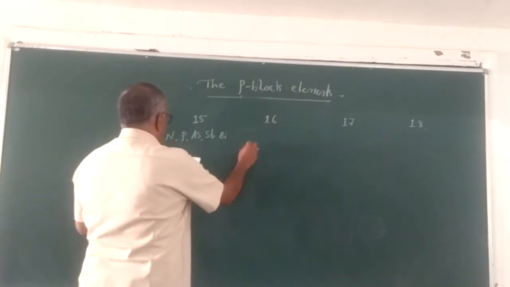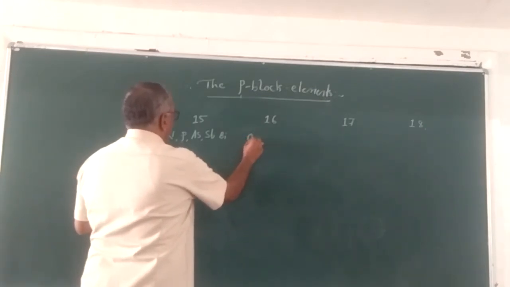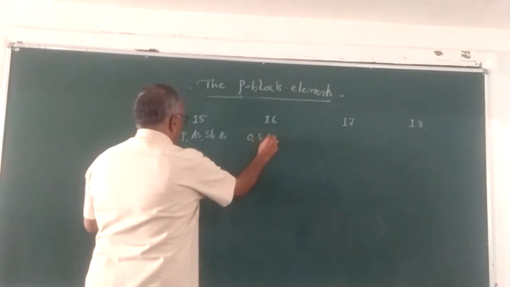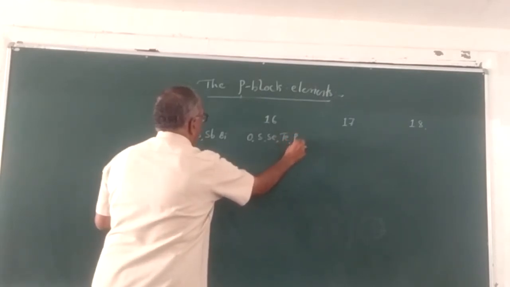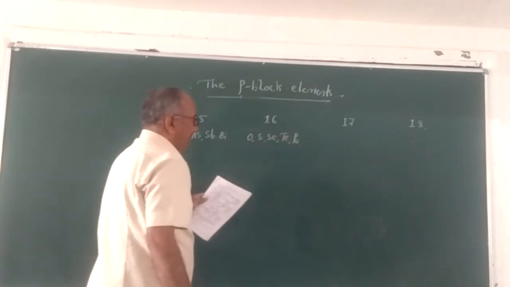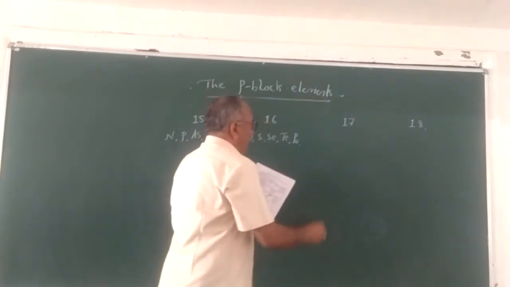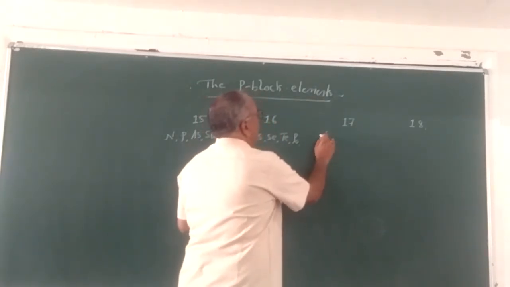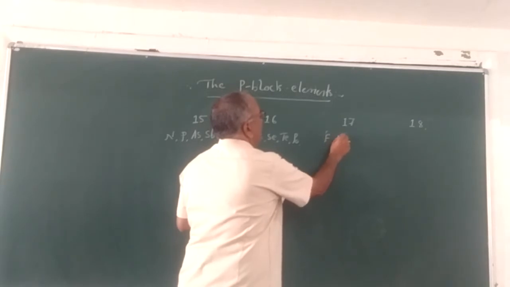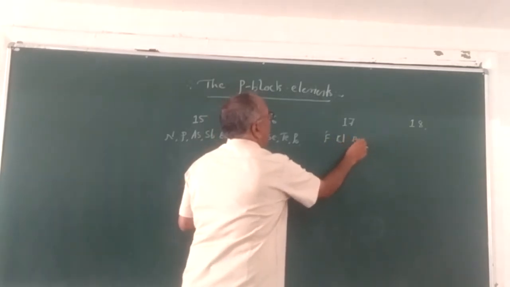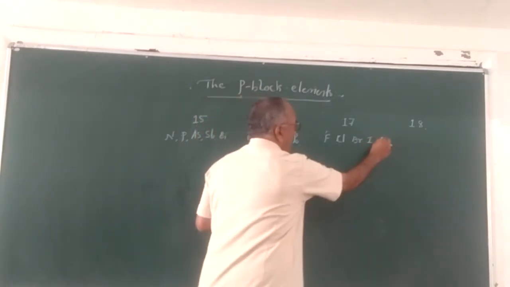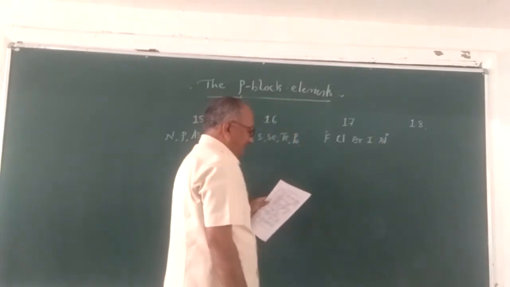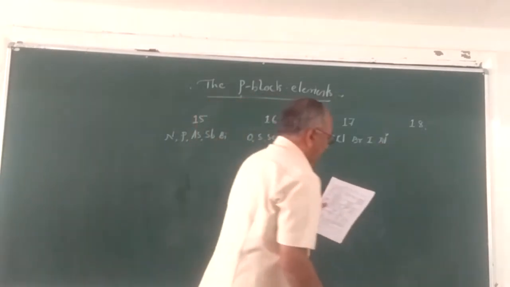The 16th group elements are oxygen, sulfur, selenium, tellurium and polonium. The 17th group elements are fluorine, chlorine, bromine, iodine and astatine, marked by a star because it is radioactive in nature.